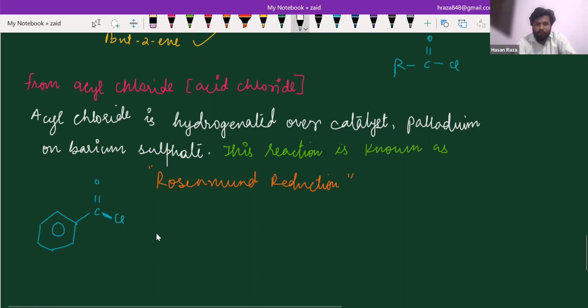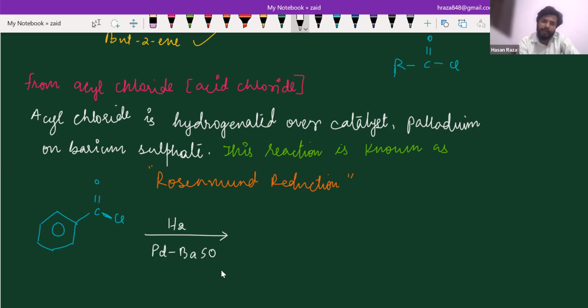And if you are going to do hydrogenation of this acid chloride, that means addition of hydrogen in the presence of the catalyst palladium over BaSO4, barium sulfate, then there will be reduction that will produce an aldehyde. So you can see what will happen here.